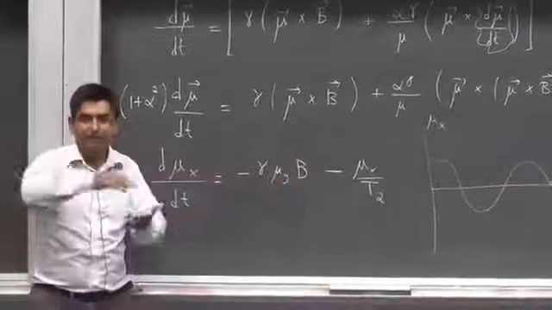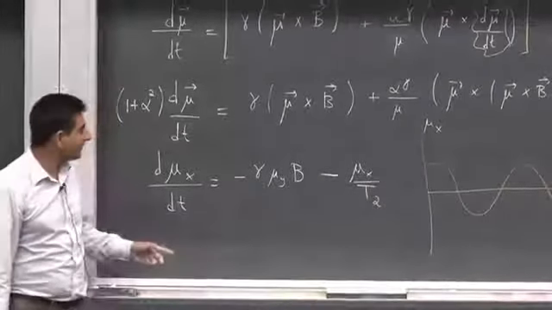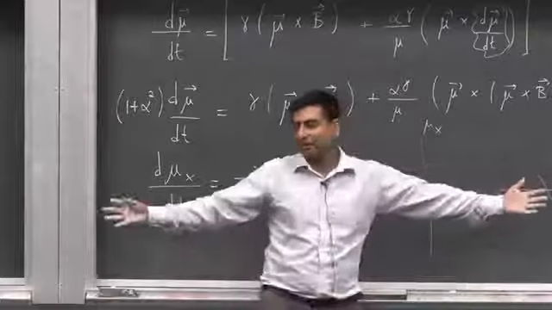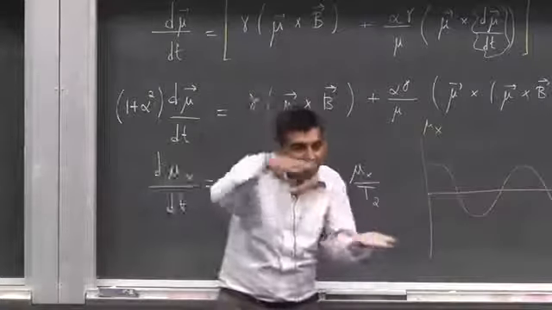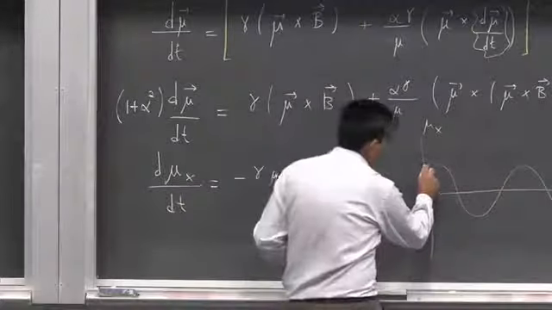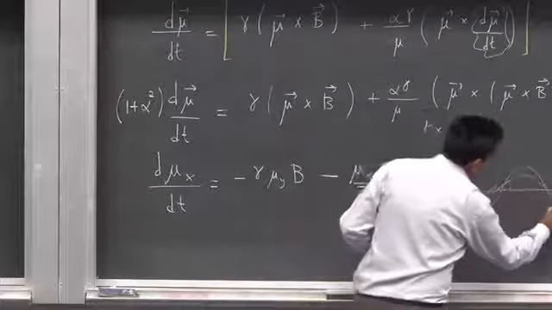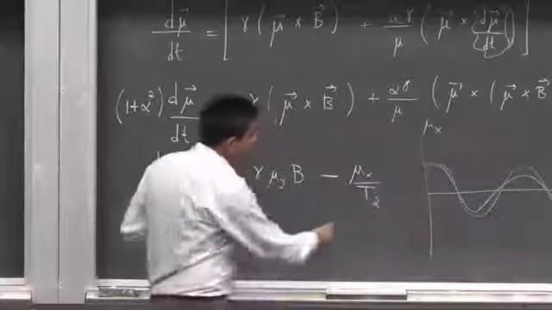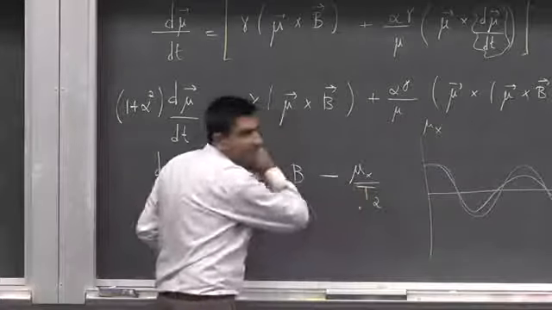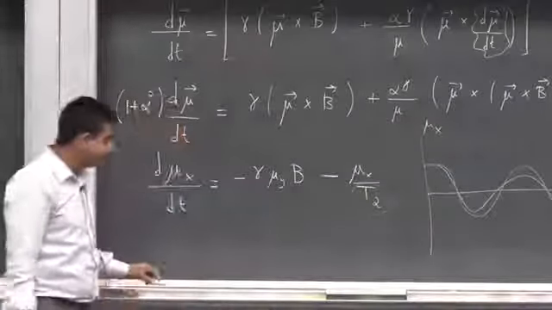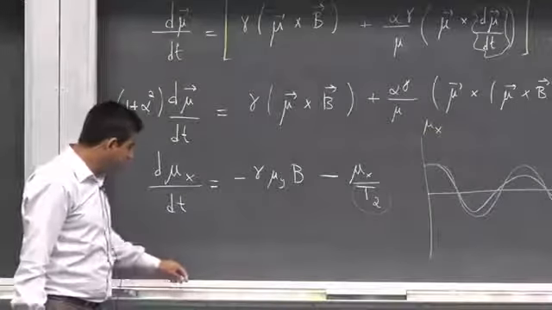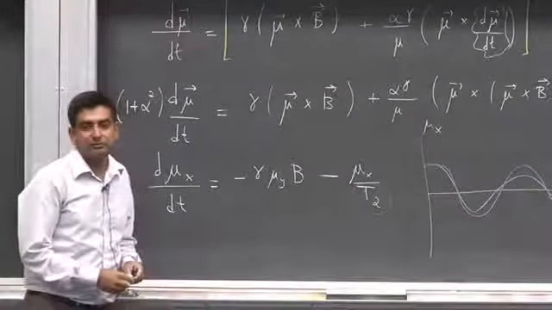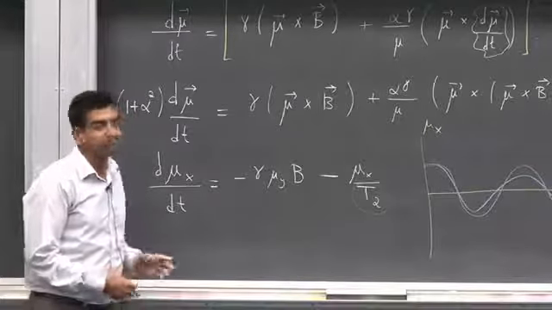So the effect of this is that this function, which was oscillatory up to time infinity, is now going to damp with time. Okay? And the damping time constant is given by T2. This T2 is called a spin damping time constant, or it's also called T2 relaxation.